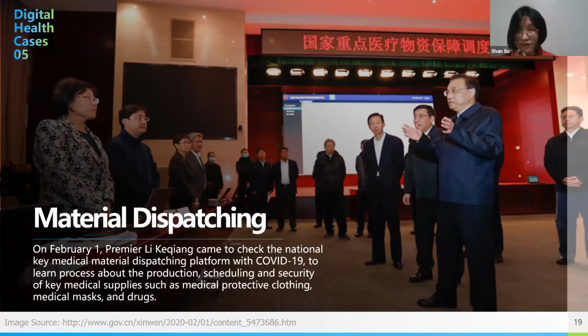And the fifth case that I want to share is about medical material dispatching. This picture shows that on February 1st, Premier Li came to check the national key medical material dispatching platform, on the public production and also the dispatching of protective supplies.